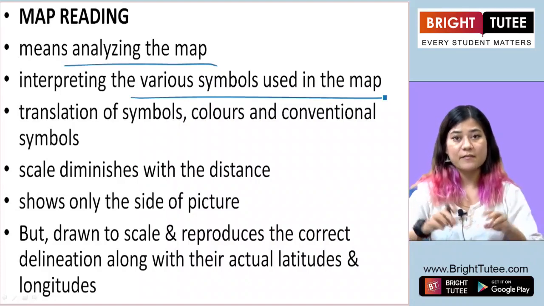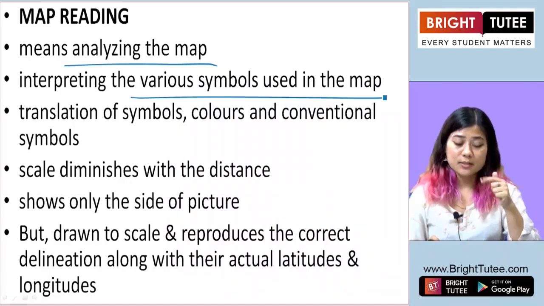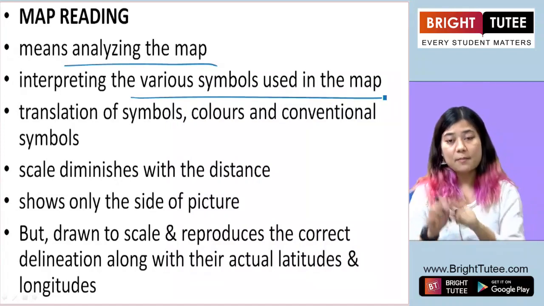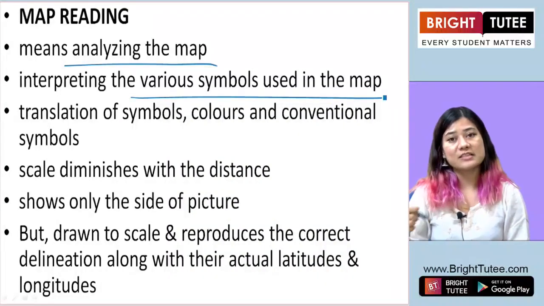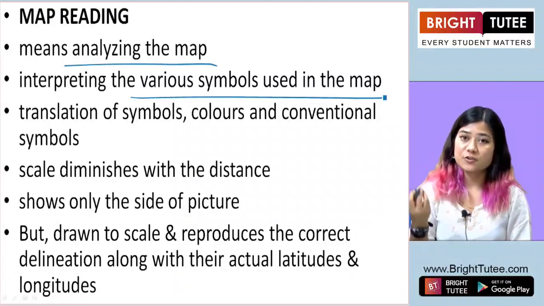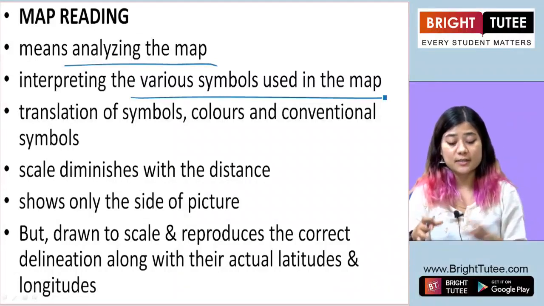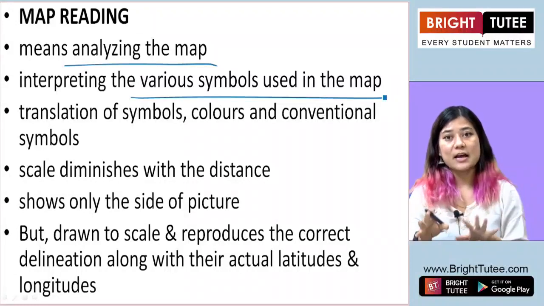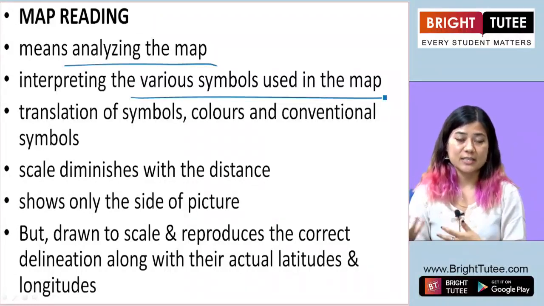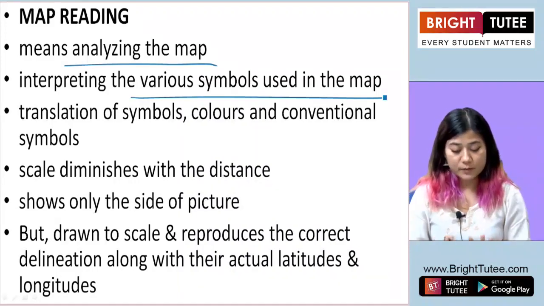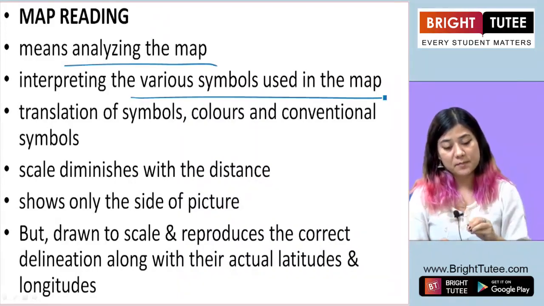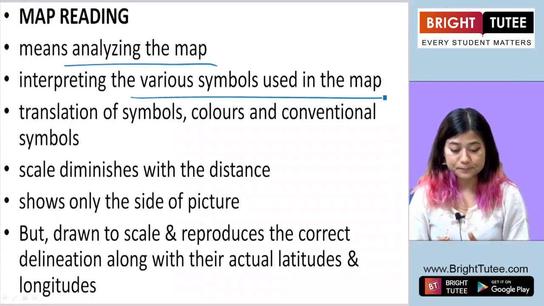In the map, there are various symbols. Some are circular like a dot, some are small cubes, some are just lines which look like waves, some look like trees, some are of different colors, right? All those symbols are interpreted the way they should be. So the proper studying of the map and interpreting of those symbols is called map reading.